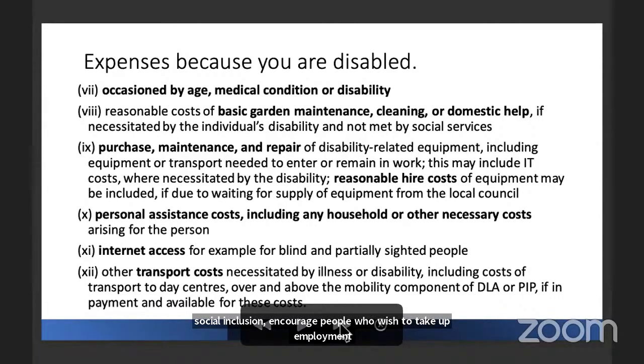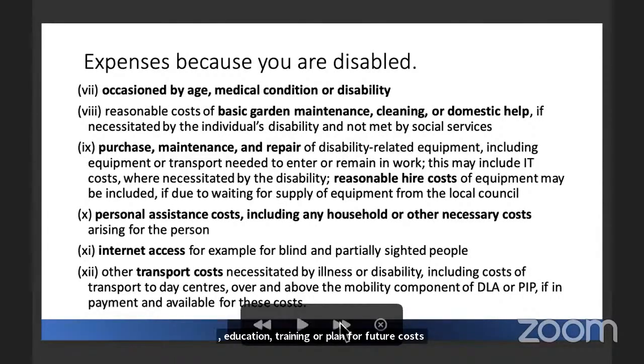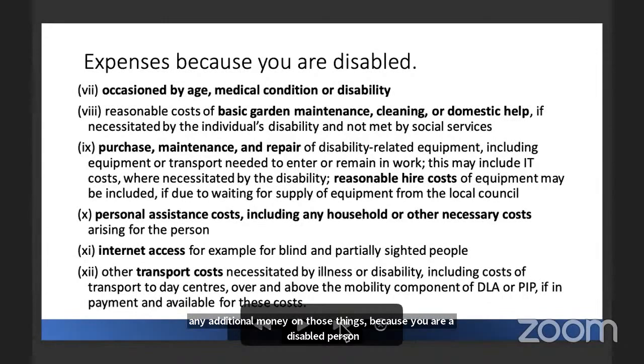And if you need to spend any additional money on those things because you're a disabled person or you're frail because of age or your medical condition, it's a disability-related expense.